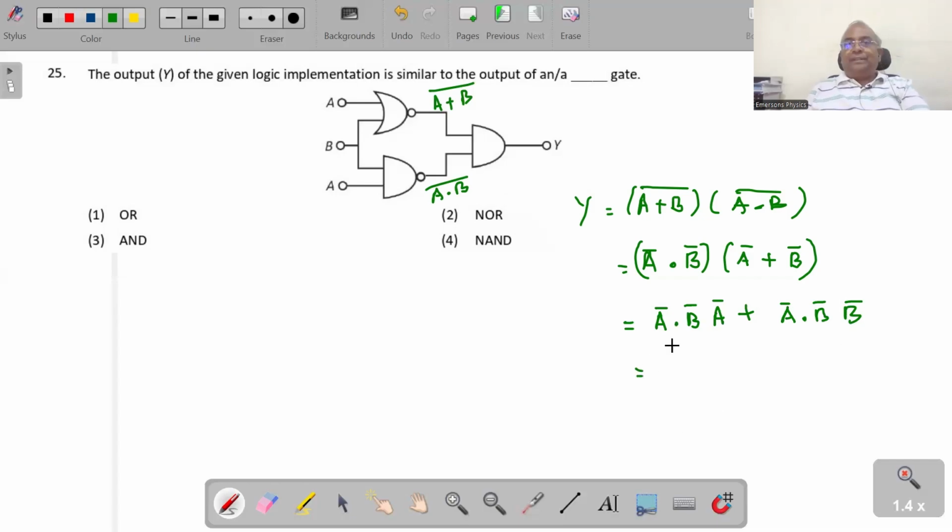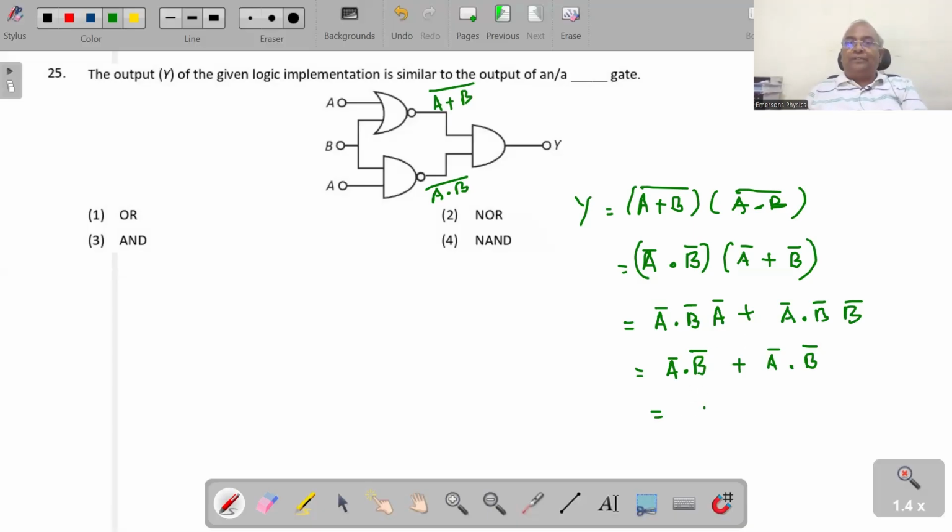You should know that A complement into A complement is A complement, dot B, plus the same, A complement B complement plus B complement into B complement, A complement dot B complement. So this is nothing but 1 plus 1.